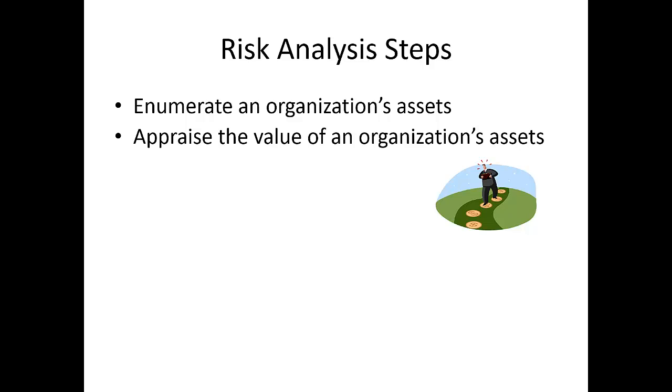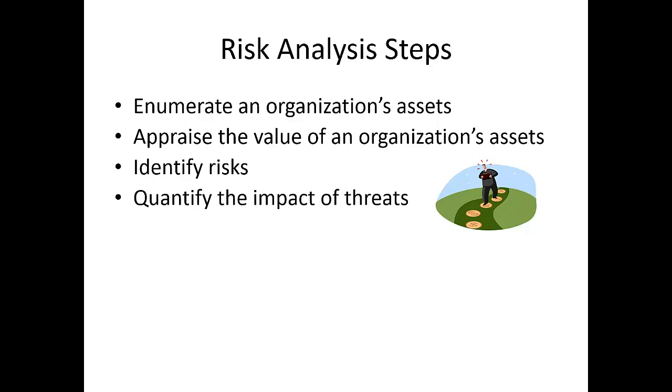The next step is to identify risks associated with these assets, and we will then quantify the impact of threats against the assets we have. So what kind of loss we're talking about as a consequence of this threat getting materialized.